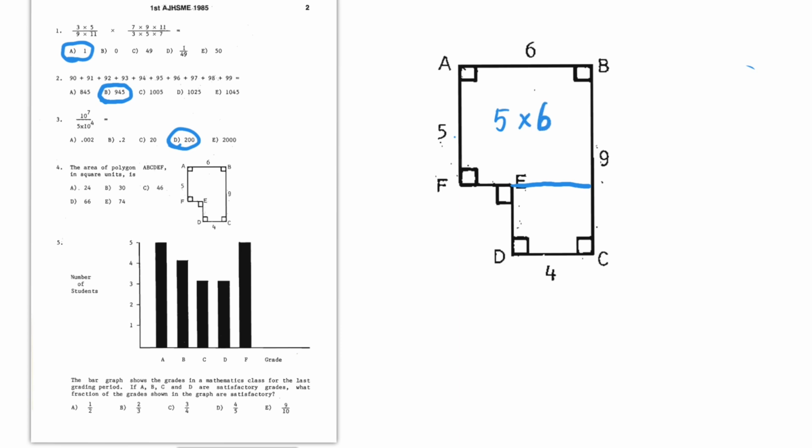The bottom part, side length DE, is 9 minus 5. That is 4, so the bottom is a square. Area is the side length squared. That's 4 squared. The total area is 30 plus 16. That's 46. The answer is C.